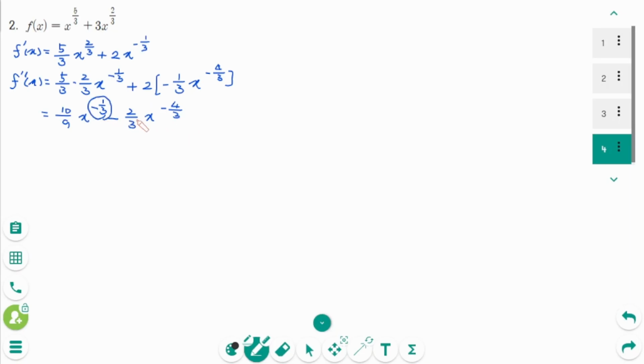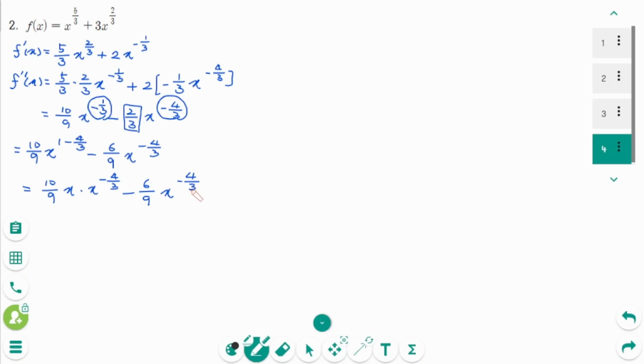Minus 1 over 3 is greater than minus 4 over 3. Then we can rewrite as 10 over 9 times x to the power of 1 minus 4 over 3, minus this one times 3 on each side, 6 over 9, then x to the power of minus 4 over 3, equals 10 over 9 times x to the power of minus 4 over 3 minus 6 over 9 times x to the power of minus 4 over 3.